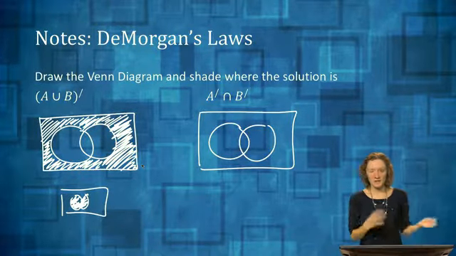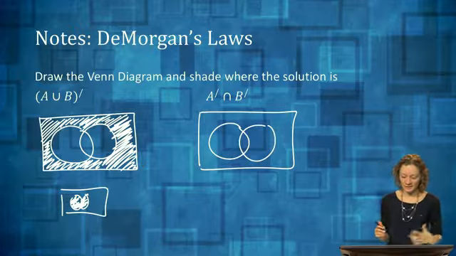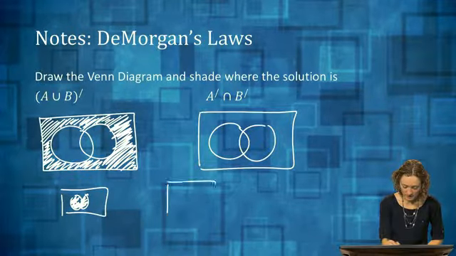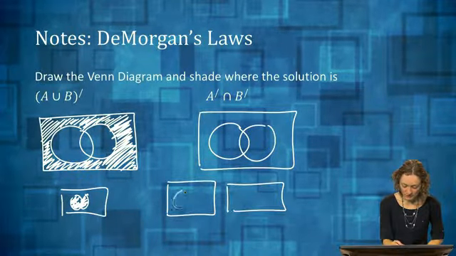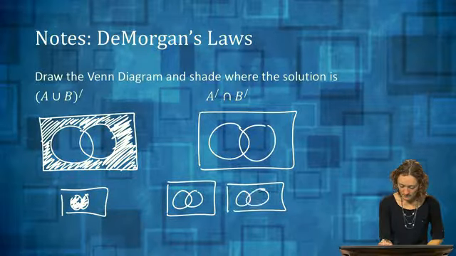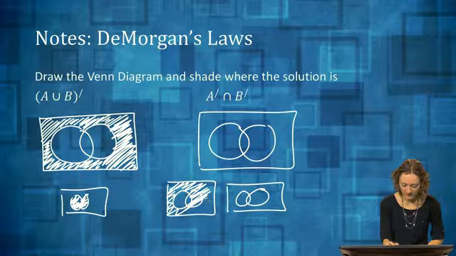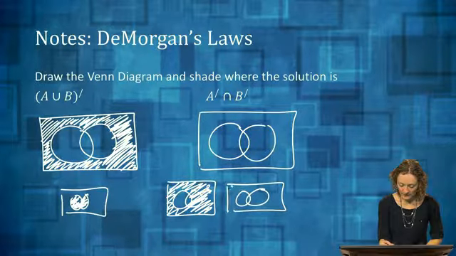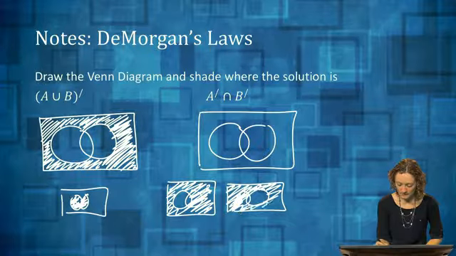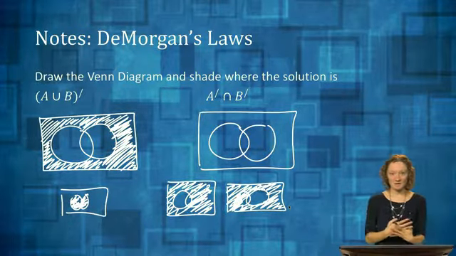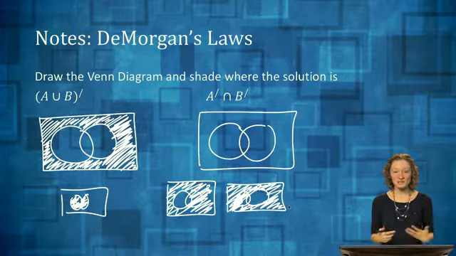Okay, compared to A complement intersect B complement, we can draw each of those individually. Here's A complement, everything outside of A. And then B complement is everything outside of B. Imagine if the two were on top of each other, where would you see shading from both?